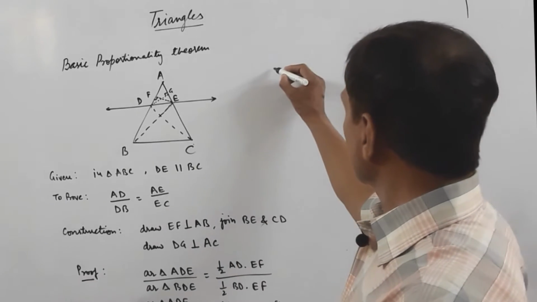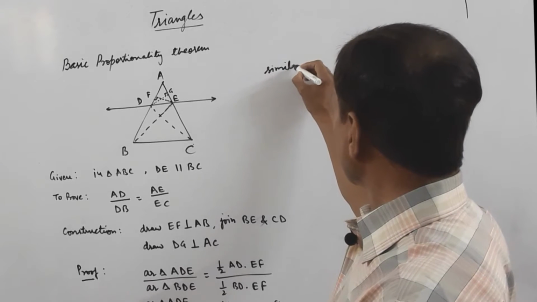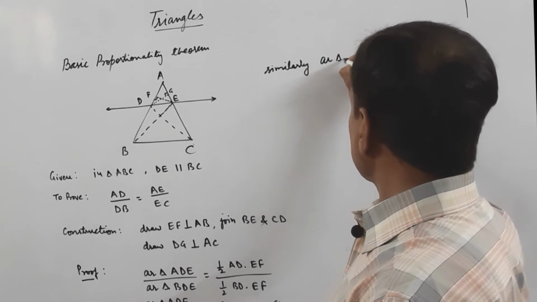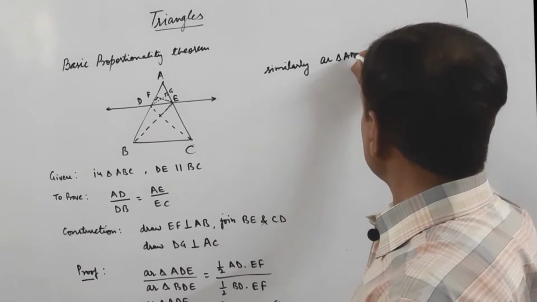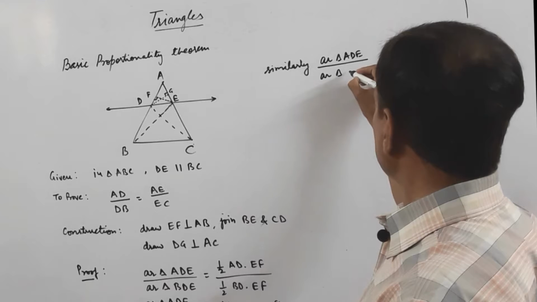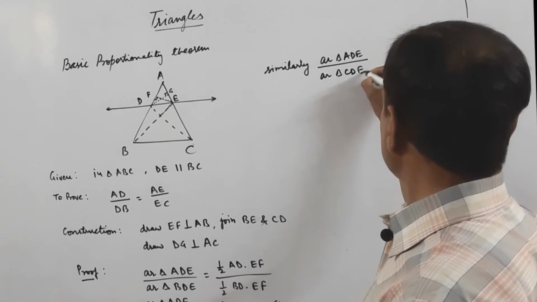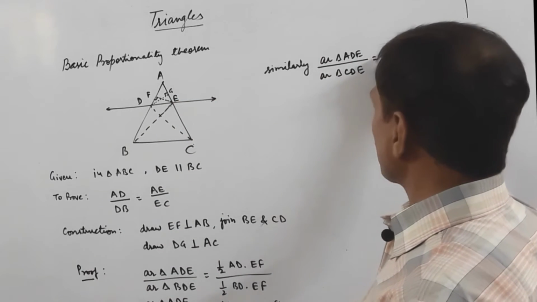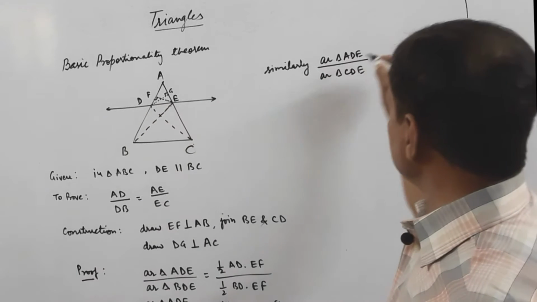Similarly, area triangle ADE upon area triangle CDE is equal to AE upon EC.